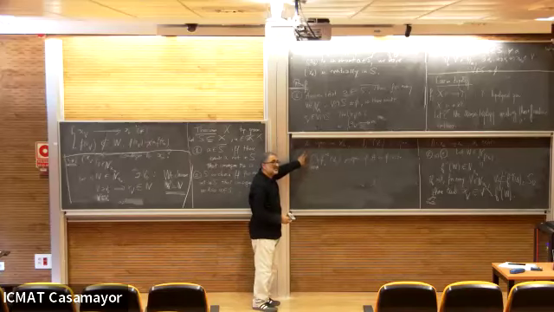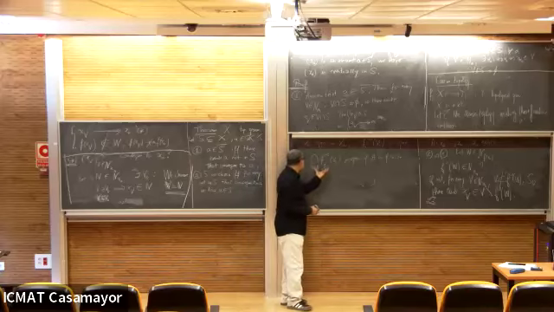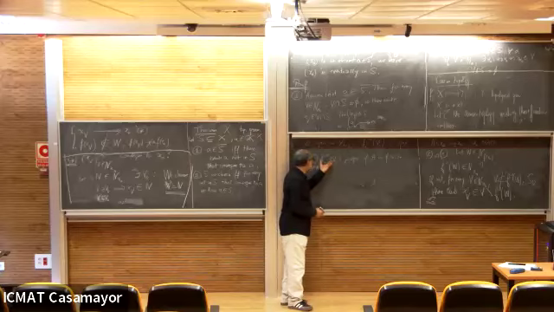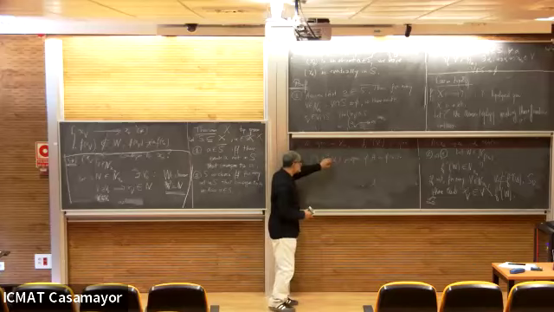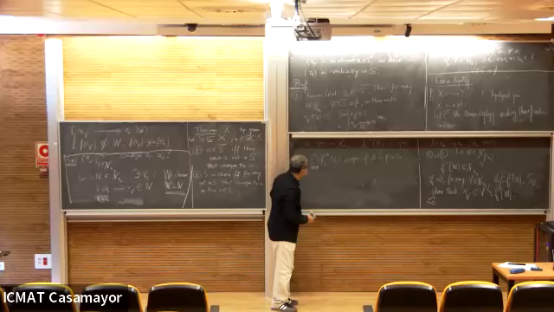And if we consider the topology consisting of all unions of these subsets, we get the topology. So this is a base of the topology.